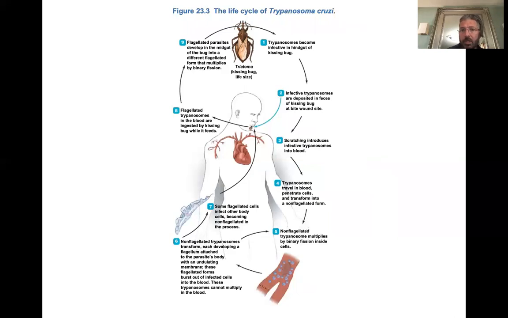So they go in flagellated, and then they start reproducing in their non-flagellated form. They multiply by binary fission inside the cells, all right, and then they start floating around in the body, right? And then as they start developing in the heart, brain, and lung, they start causing some major problems.